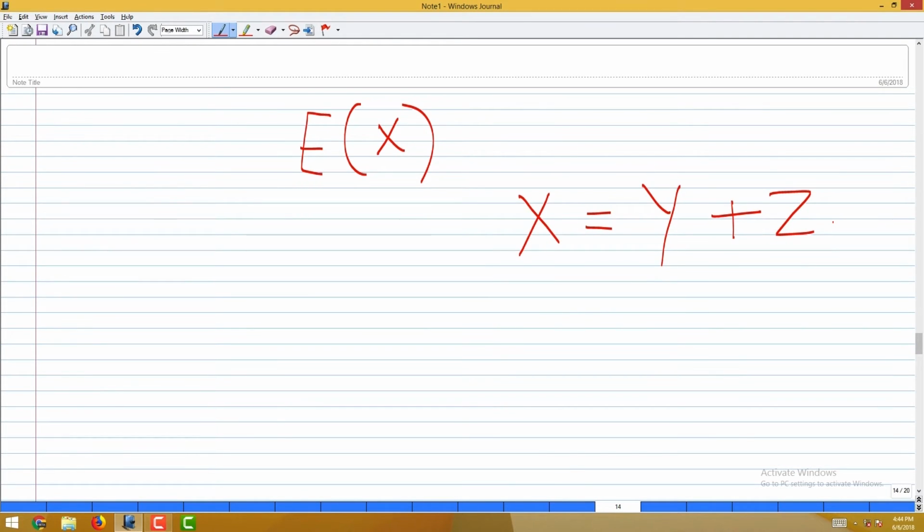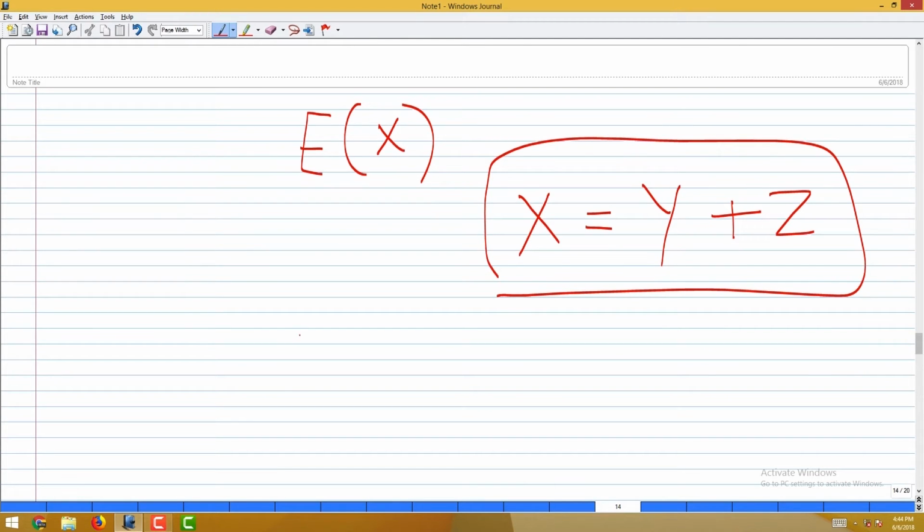With each student I go and toss a coin and decide whether I should pick the student or not, and x is the number chosen. Let y be the number of boys chosen and z be the number of girls chosen. So, x equals y plus z, because each student chosen is either a girl or a boy.